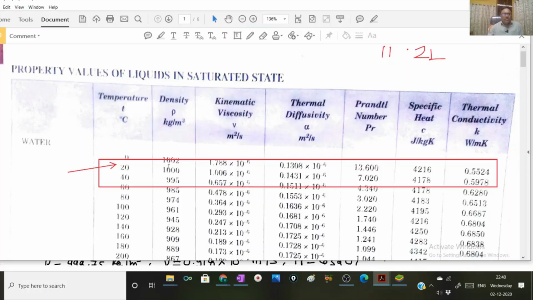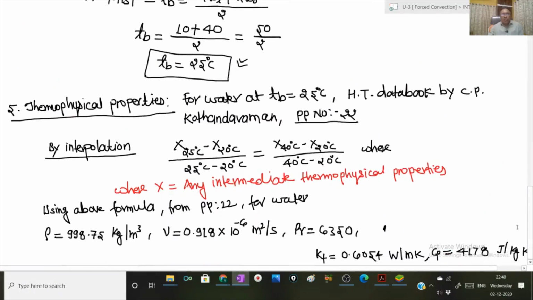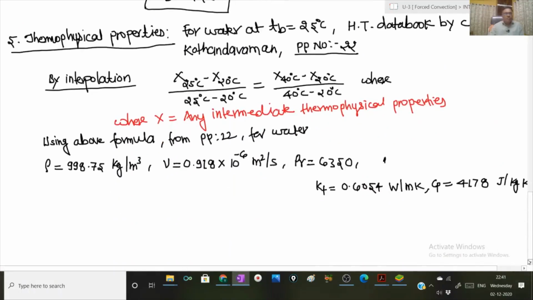Taking the thermophysical properties at 20 degrees Celsius and 40 degrees Celsius and using this formula for interpolation, I could calculate the thermophysical properties. I have already calculated and written over here.